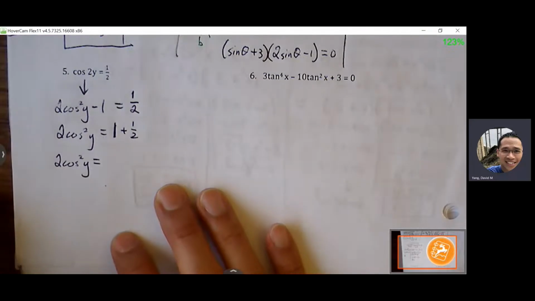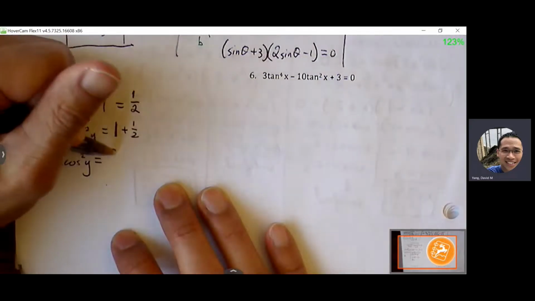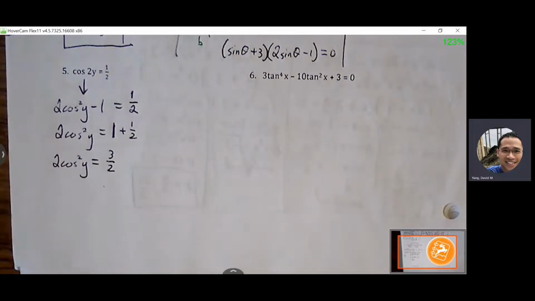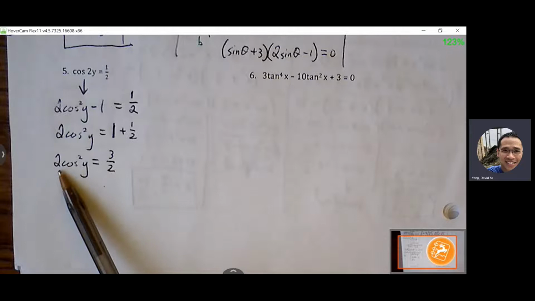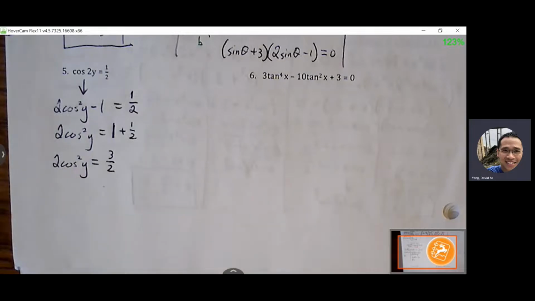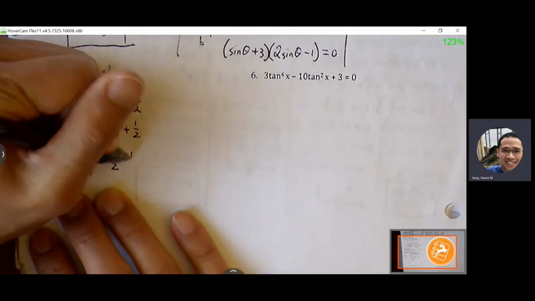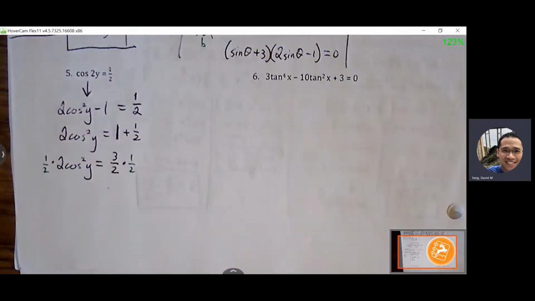One plus 1/2 is 3/2. Okay, I see a fraction, right? I can think of it as dividing by 2, but if that feels messy, you can also think of it as multiplying both sides by what? By 1/2, right? Dividing by 2 is the same thing as multiplying by 1/2. So if you want to think of it as, okay, I'm just going to multiply by 1/2, it makes it a little bit easier to look at.